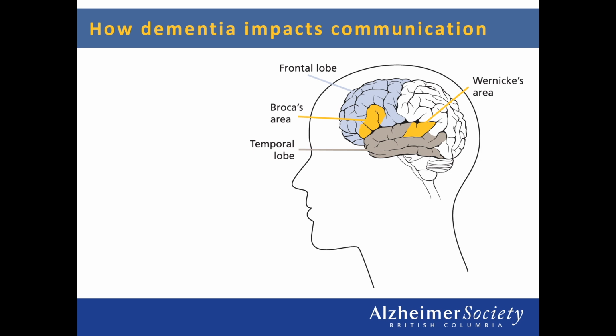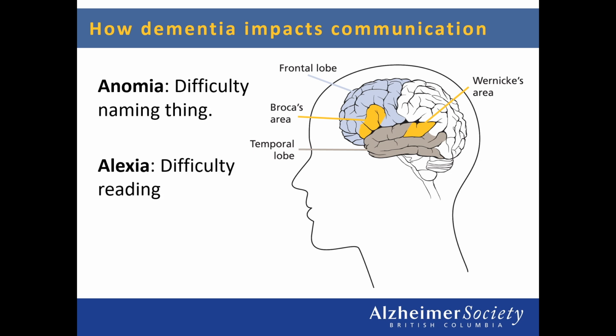Other ways that dementia impacts communication include alexia, when the brain cannot process letters, words, or sentences, which makes it difficult to read. Agraphia, when writing becomes difficult.